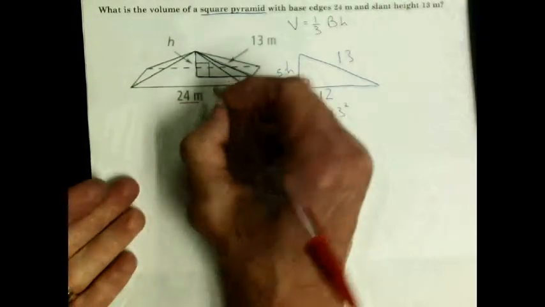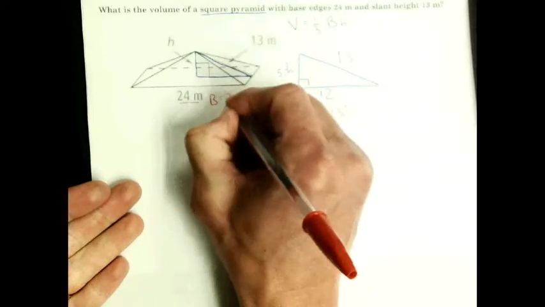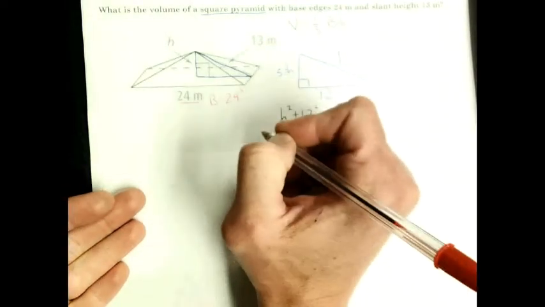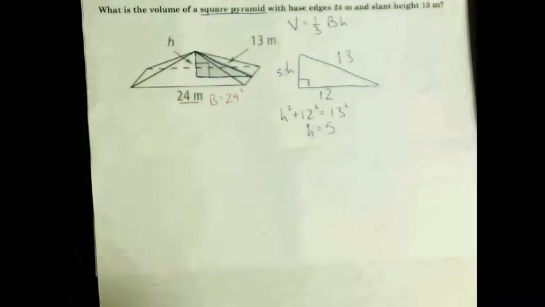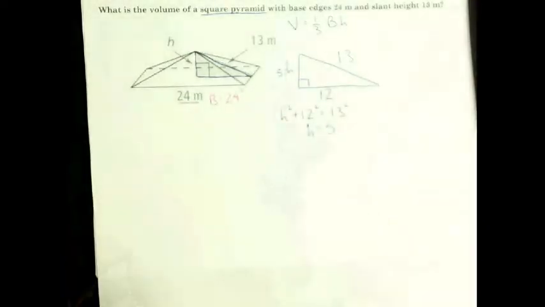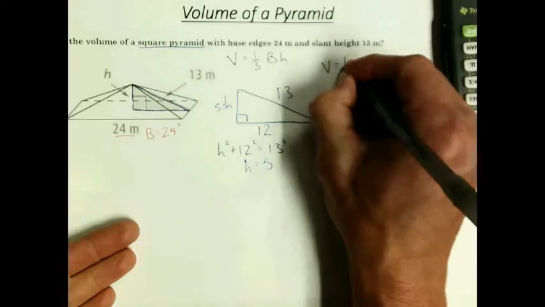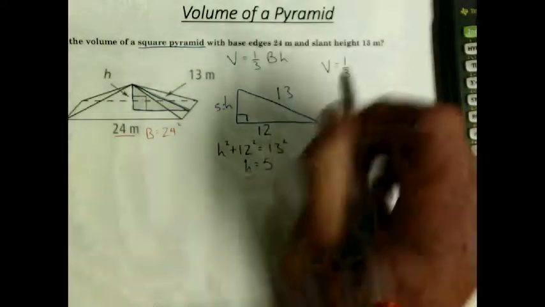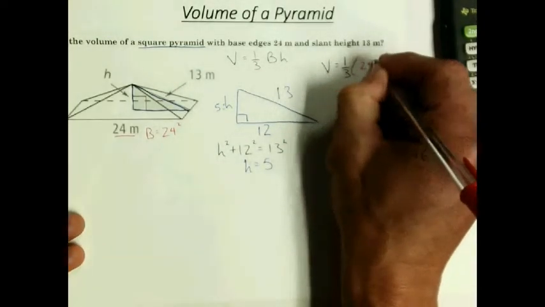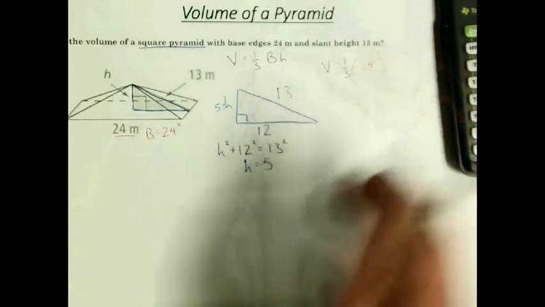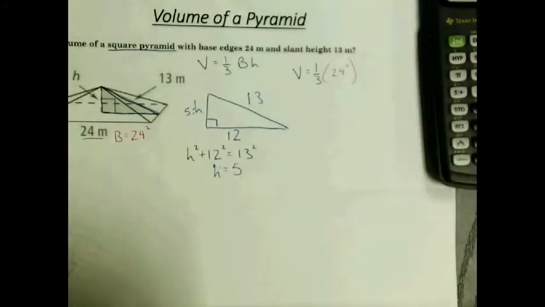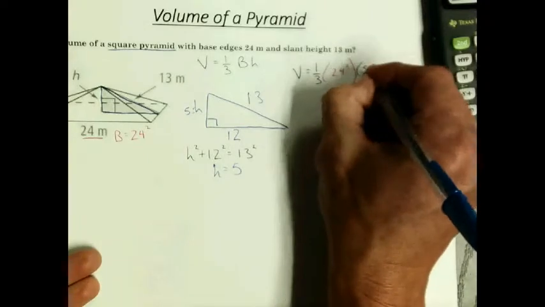Okay, so the area of our base, since it's a square pyramid, is 24 by 24, and we now know our height that we just found is 5. So the rest is some crunch work, no big deal. The volume is 1/3 the area of the base, which is 24 squared meters, times the height, which again we found at 5.